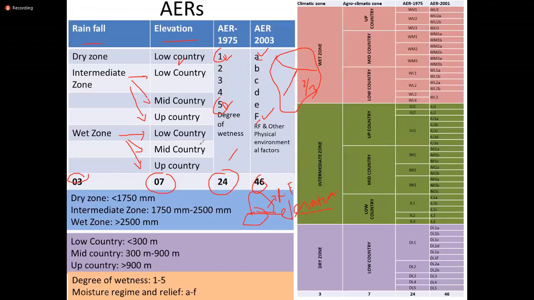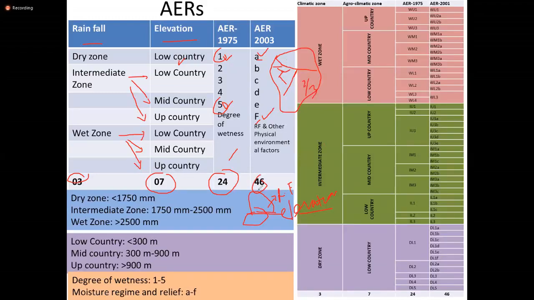Now, altogether we have 46 agroecological regions. That means we will have more and more uniform characteristics of a particular agroecological region. So that means we divided further to get some uniformity. That's what we earlier studied about: uniform, similar characteristics of a particular area, right?